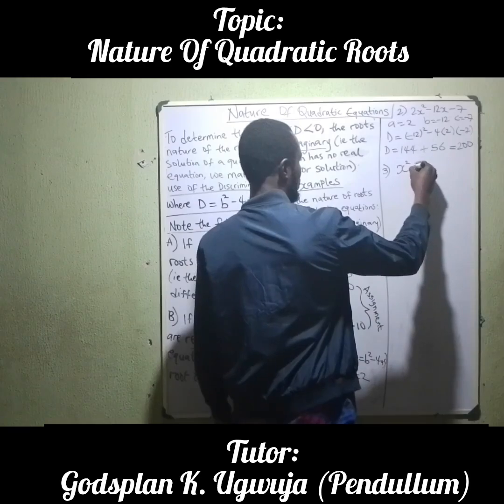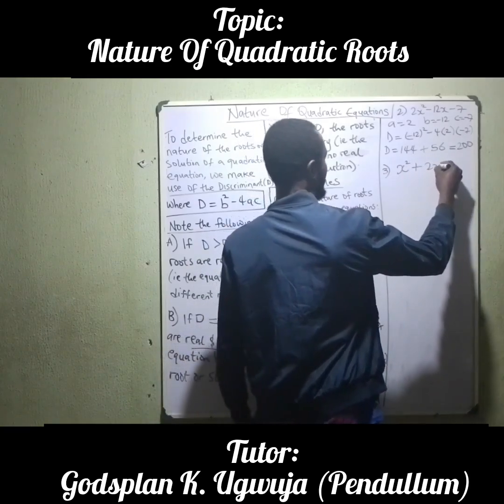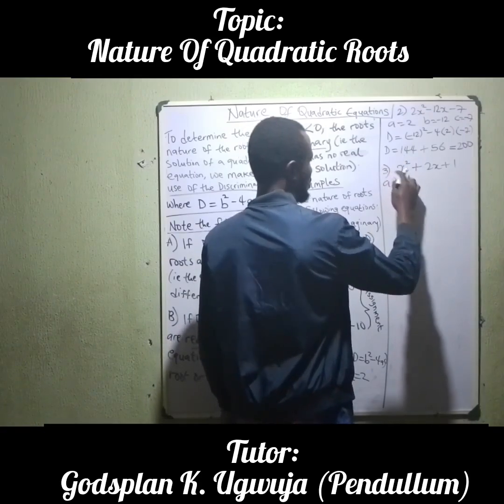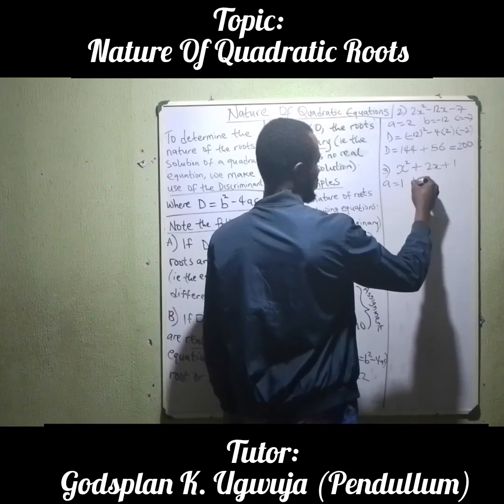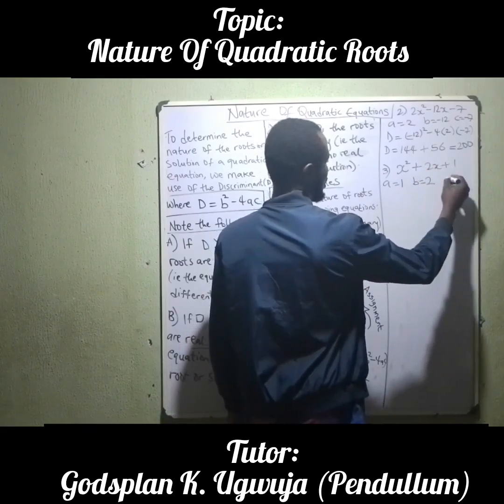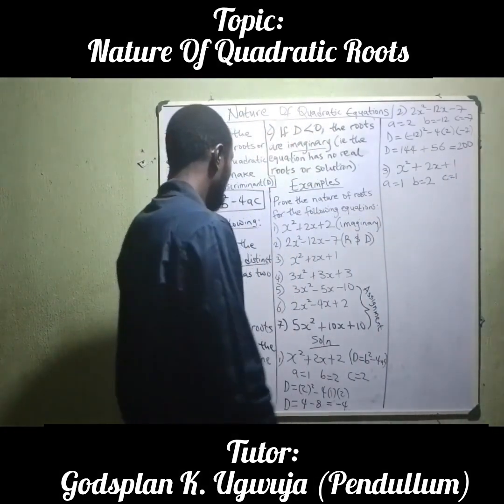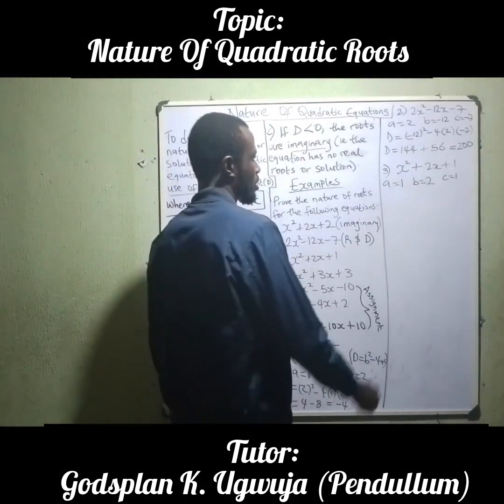We have x squared plus 2x plus 1. Again, our a is 1, that's this. b is this one, coefficient of x. Our c is the constant, 1. Now, we still have our formula b squared minus 4ac.